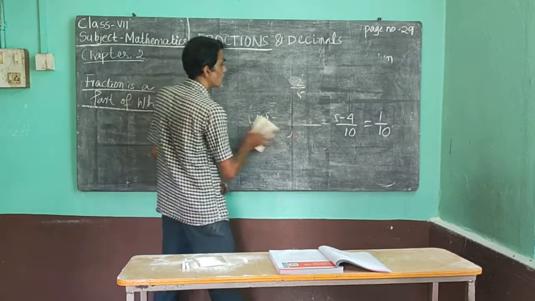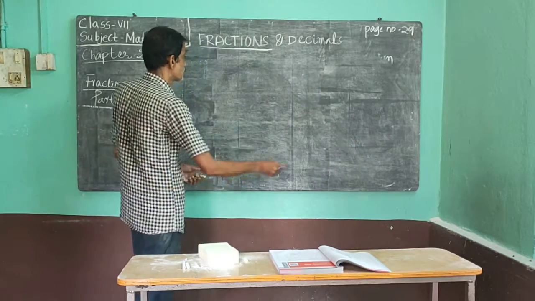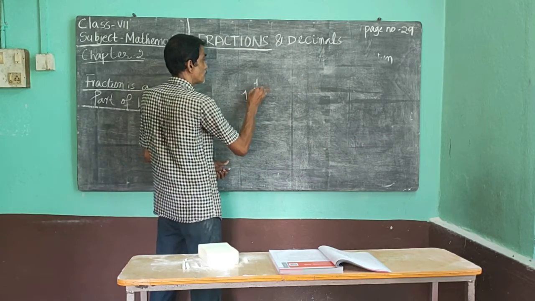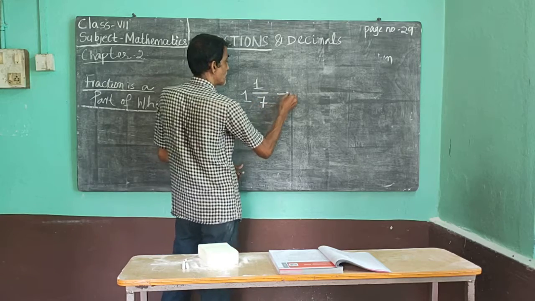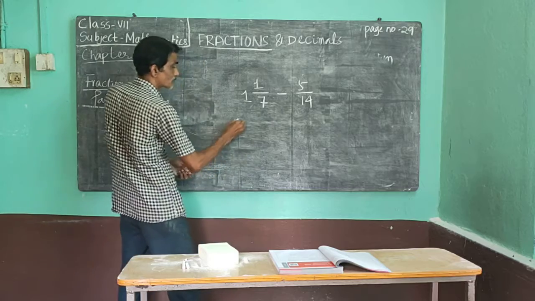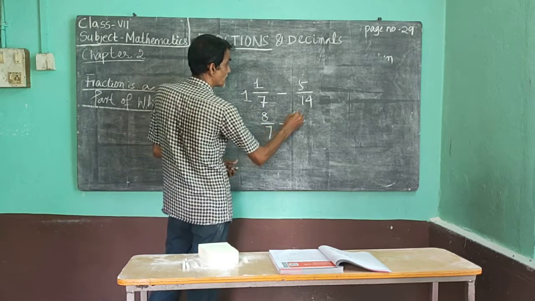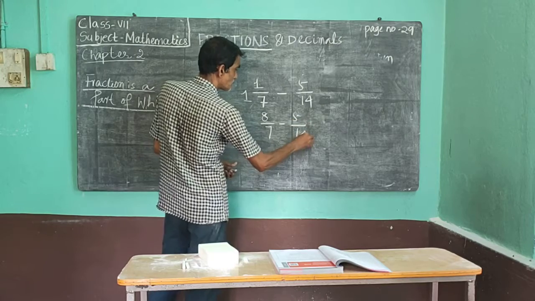So another mixed one, 1 whole 1 by 7 minus 5 upon 14. First mixed to improper, 8 upon 7 minus 5 upon 14.